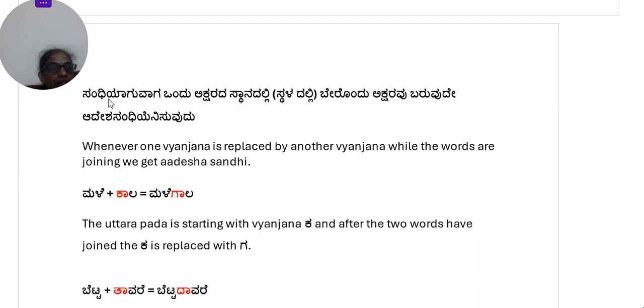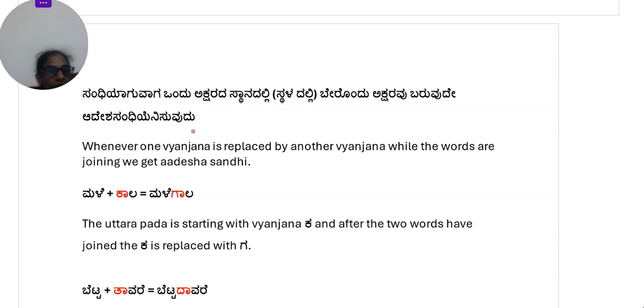So we will see the definition of Adesha Sandhi. ಸಂಧಿ ಆಗುವಾಗ ಒಂದು ಅಕ್ಷರದ ಸ್ಥಾನದಲ್ಲಿ ಬೇರೊಂದು ಅಕ್ಷರವು ಬರುವುದೇ ಆದೇಶ ಸಂಧಿ ಎನಿಸುವುದು. So when they are joining together, in place of one vyanjana, one more vyanjana comes.